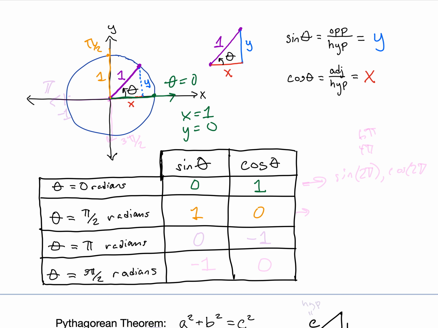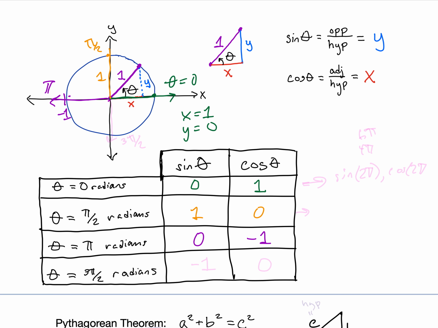When we're looking at pi radians, we've got an x value now of -1. That's where x is on the unit circle. So -1 is what cosine is equal to. And the y value on that circle is again 0.